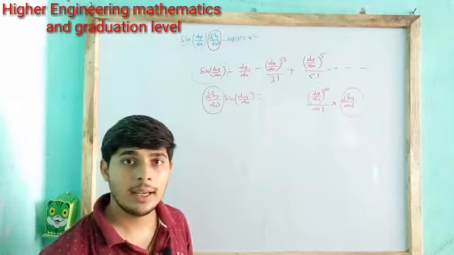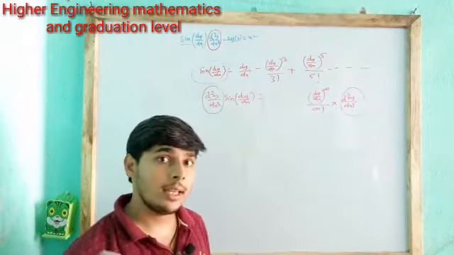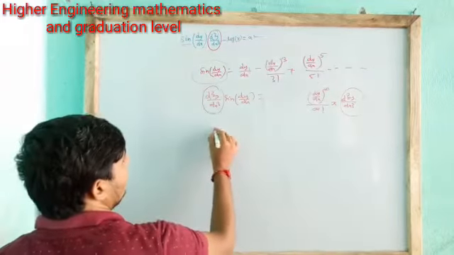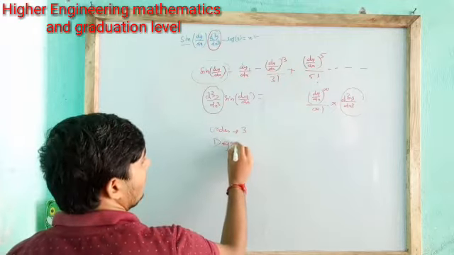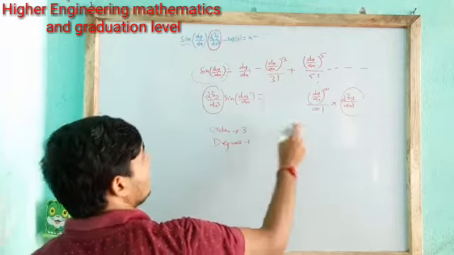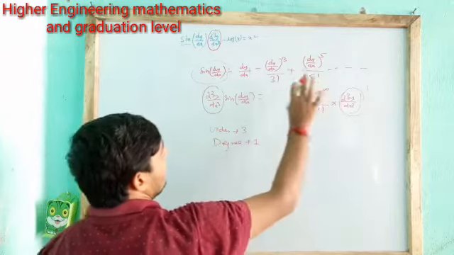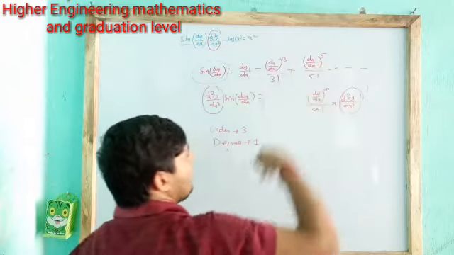In the expansion of this, the whole thing is multiplied by d cube y by dx cube. So we can say that the degree is defined here. We cannot say that the degree is not defined. In this case, the degree is defined, and its order is, as we already know, 3, but its degree is defined and is 1. Everywhere in this expansion d cube y by dx cube is multiplied, so it will be 1.